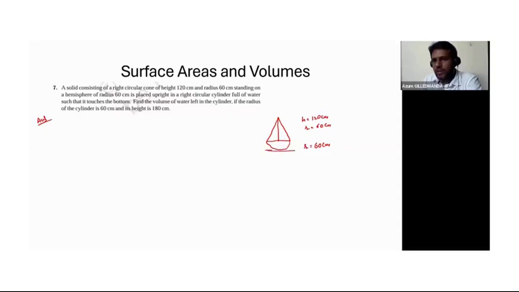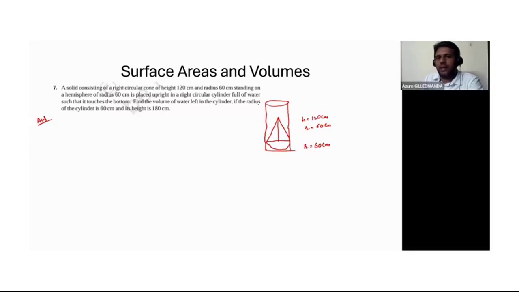This is an interesting problem, guys. So there is a cylinder of the same diameter, and this solid is kept into that cylinder.